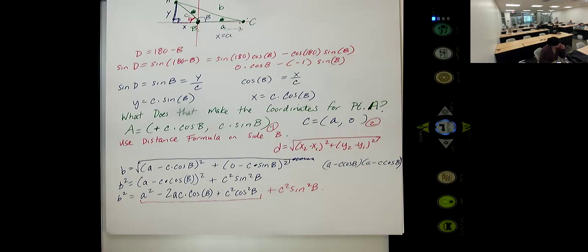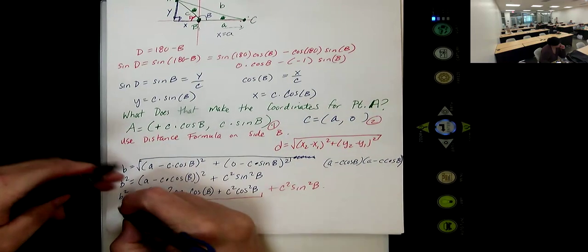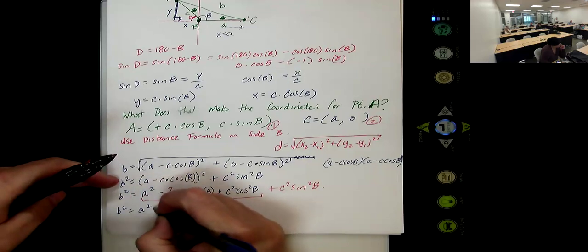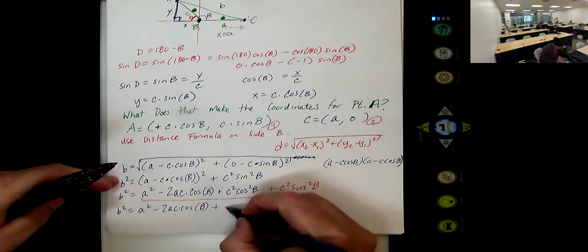We're almost done. Notice, I can factor out a c squared from these two.